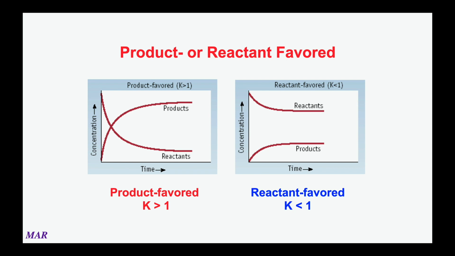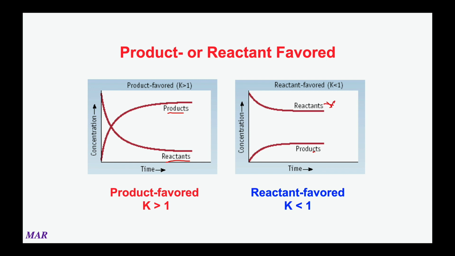Here are some graphs that show what happens when you have a product favored or reactant favored K. If you have a K greater than 1, then your products here on the left will be in a bigger concentration, y-axis, than the reactants. That means more products, less reactants, K is greater than 1. On the other hand, if you have a K less than 1, then you have more reactants than you have products.